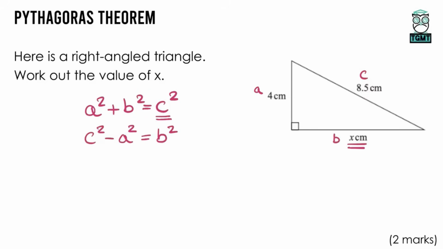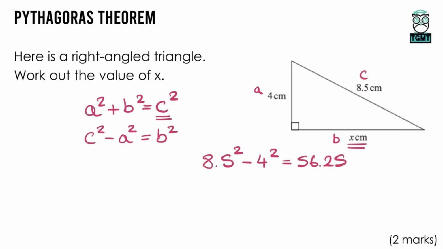So for this one, we would do 8.5 squared take away 4 squared. That's going to be equal to the answer that we're looking for, but the answer squared. So if we type that into a calculator, 8.5 squared take away 4 squared, it gives us the answer 56.25.